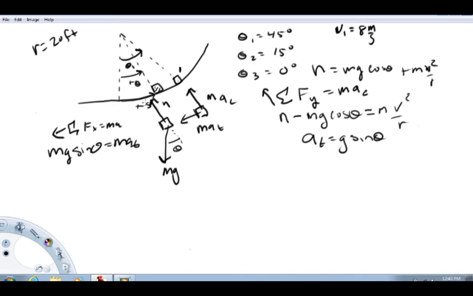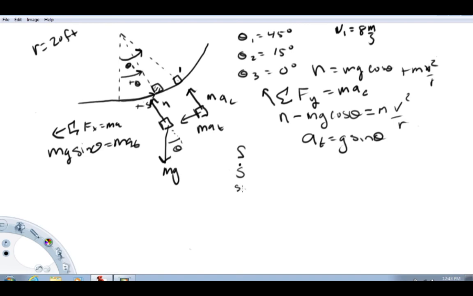So if I use the position s to represent basically the distance up the incline, then s dot represents the speed of this. Now when s dot is positive, it means it's moving up and to the right basically, or theta is increasing. S dot negative would mean it's moving down and left.